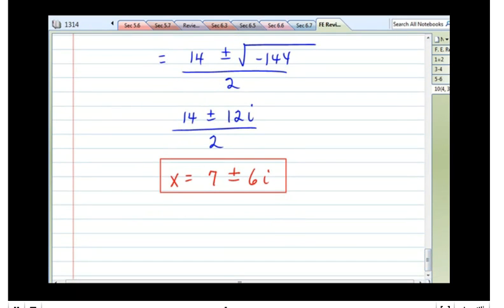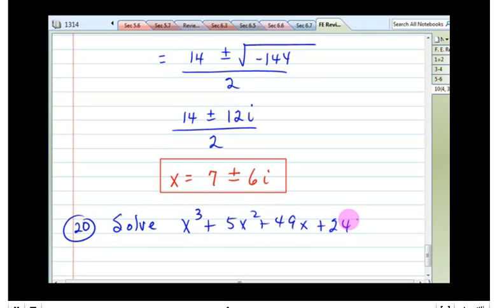Okay. We're going pretty quick, but we're trying to get all of this. Okay, what are we on? 20. Solve the equation. This one's kind of a big problem. x cubed plus 5x squared plus 49x plus 245.